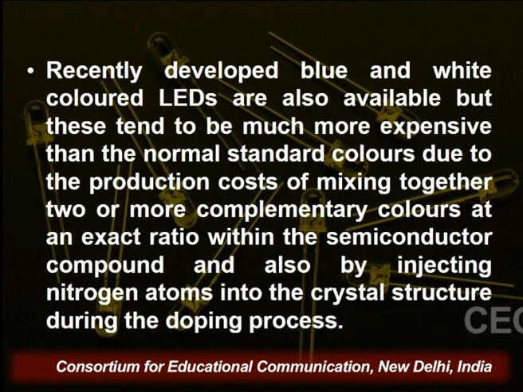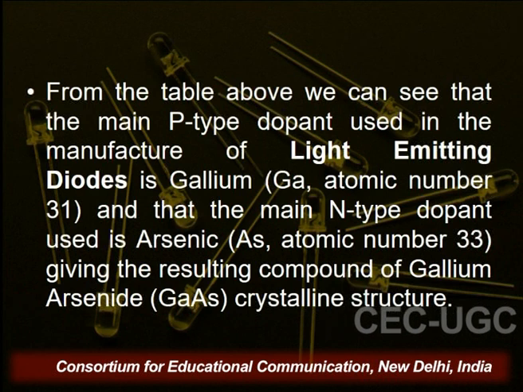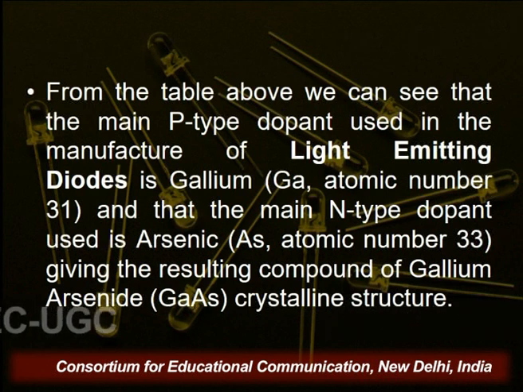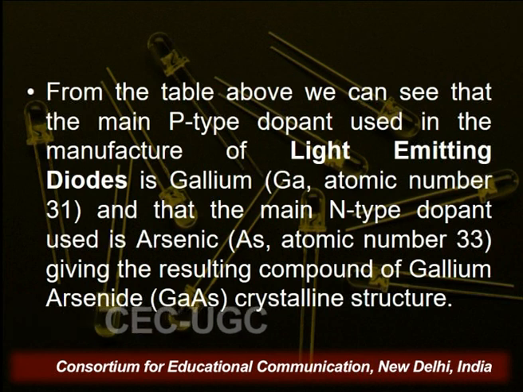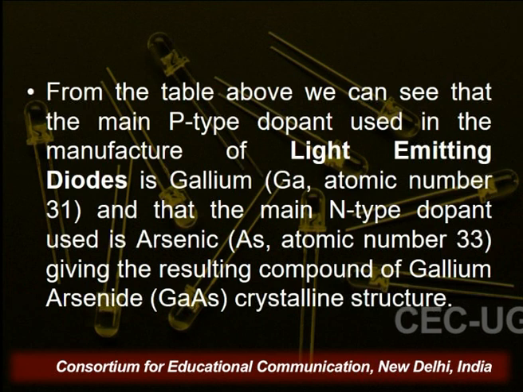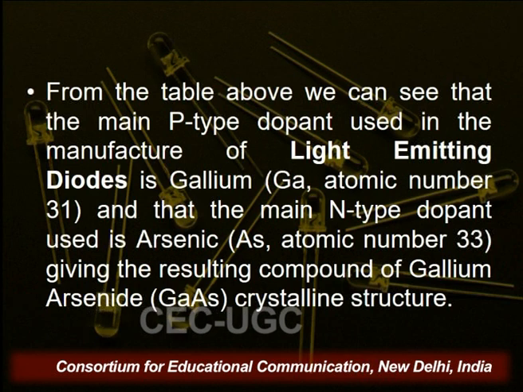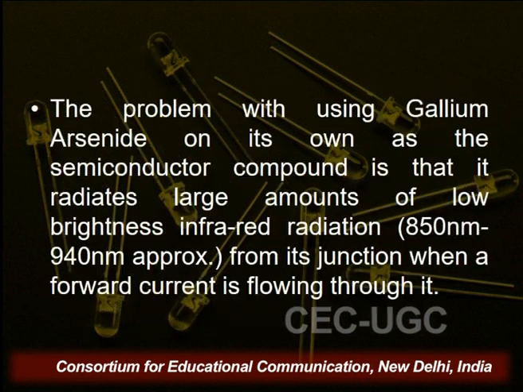Recently we also use the blue color. From the table we have seen the main p-type dopant used in manufacturing the light emitting diode is gallium, atomic number 31, and the n-type dopant is arsenic, atomic number 33, giving the resulting compound of gallium arsenide, GaAs, crystalline structure.